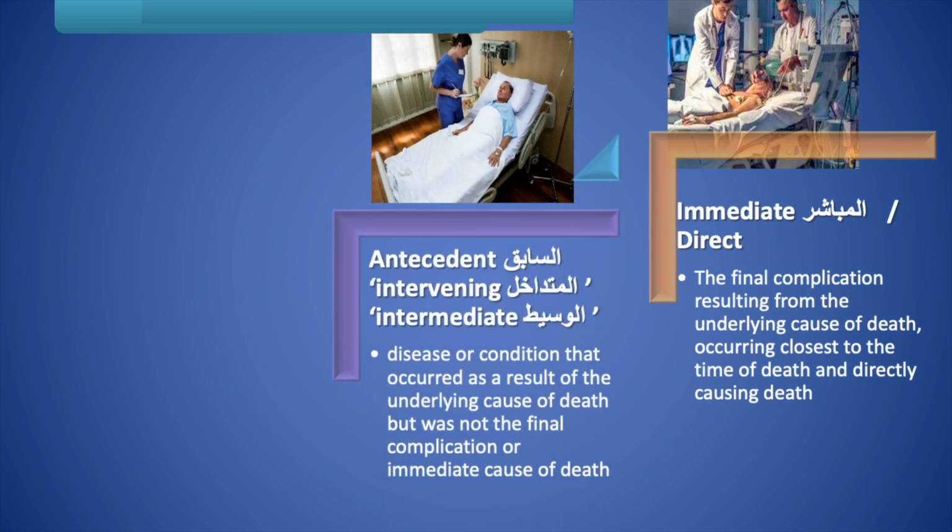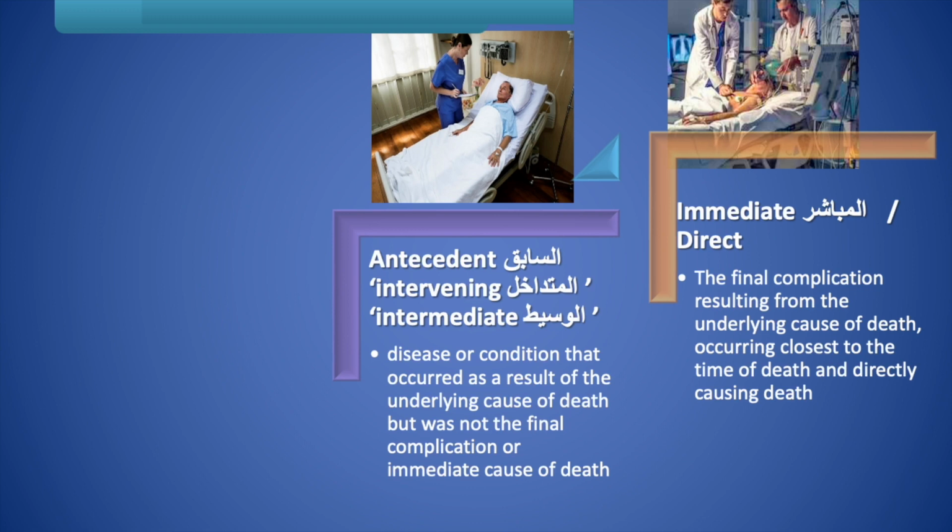The second cause of death is the antecedent or intervening or intermediate cause of death, which is a disease or condition that occurred as a result of the underlying cause of death but was not the final complication or immediate cause of death. Actually, this type of cause is usually put as the underlying cause, and it is not the underlying cause.